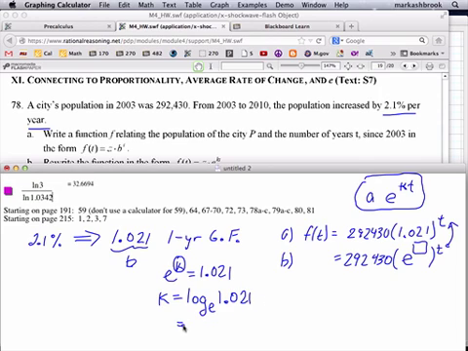That's the natural log. All natural logs in general are always exponents of e. They're the exponents of e that would give you whatever you're taking the natural log of.